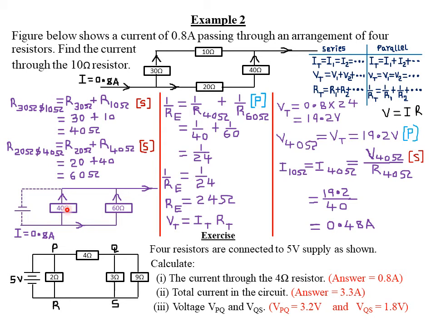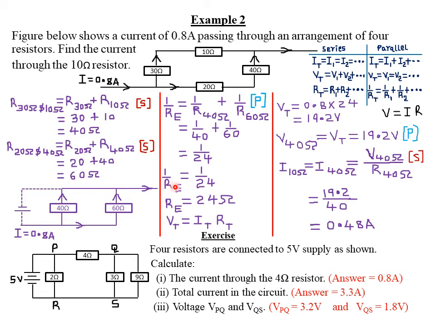Up to this point, the 40 ohm resistor and the 60 ohm resistor are in parallel, and we know that for parallel connection, 1 over R total is equal to 1 over R1 plus 1 over R2. So 1 over R effective is equal to 1 over R through the 40 and 60, because they are in parallel. That is 1 over 40 plus 1 over 60, which gives us 1 over 24.